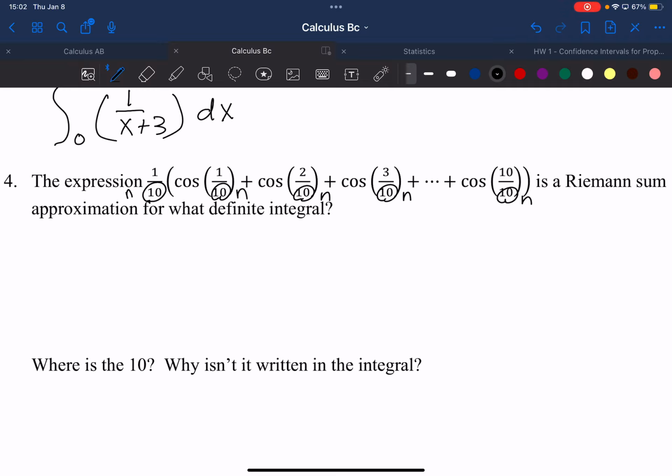And then if we look at the number on top, again, this number is telling us what? The distance. And if we look at all the changes, we have 1 over n, 2 over n, 3 over n, etc. What do you notice about all of those until they get to the very end?